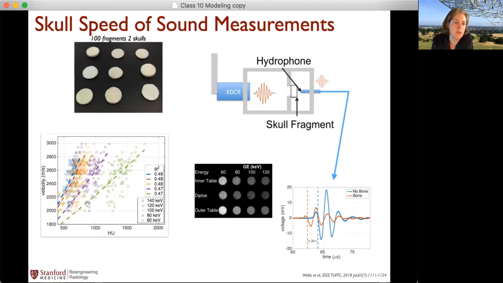So the velocity or the speed of sound as a function of Hounsfield units. And this is split out for different CT parameters. We don't need to get into the details of that. We'll just use the green one because it's the easiest one to see. And basically what we were able to do is to fit a line to that, or a little bit of a curve, not a straight line. And so we could see the velocity increasing in the denser material, the denser bone, which had higher Hounsfield units.